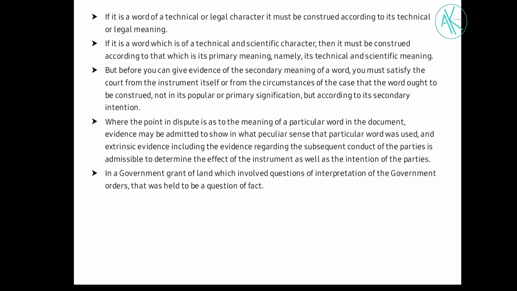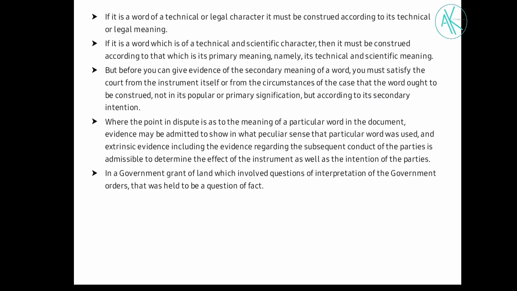Where the point in dispute is the meaning of a particular word in the document, evidence may be admitted to show in what peculiar sense that particular word was used. Extrinsic evidence, including evidence regarding the subsequent conduct of the parties, is admissible to determine the effect of the instrument as well as the intention of the parties.